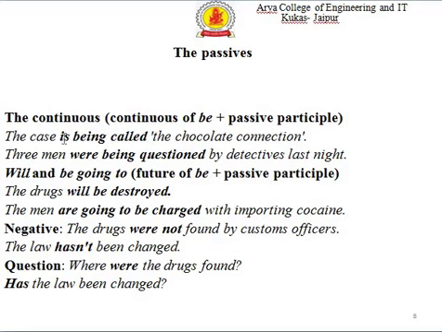The case is being called. Three men were being questioned. Now we see the transformation of the future indicators will and be going to. Both are future indicators. The drugs will be destroyed.